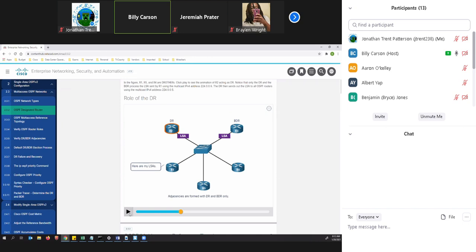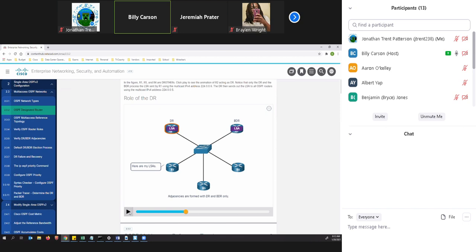The reason it did that is because it knows that there's a DR and a BDR. So I'm not going to send this to, in this example, we ran the calculations and it says 10. I'm not going to send out all this traffic everywhere. I'm just going to send it to these two places. They're like the master or the primary and the backup. So it sends it there.